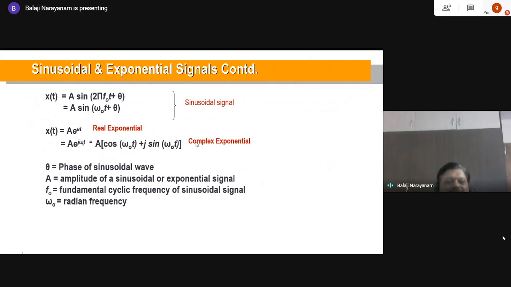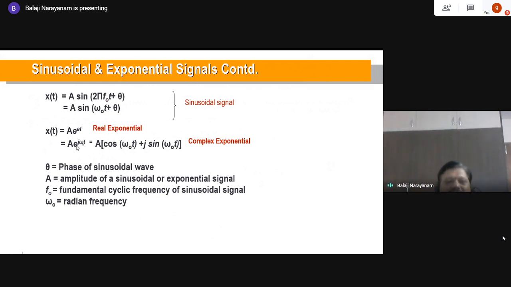even in the exponential form. So x of t equals A e power a t is a real exponential, because you don't find any non-real term here, whereas a complex exponential consists of a j sin omega naught t term.